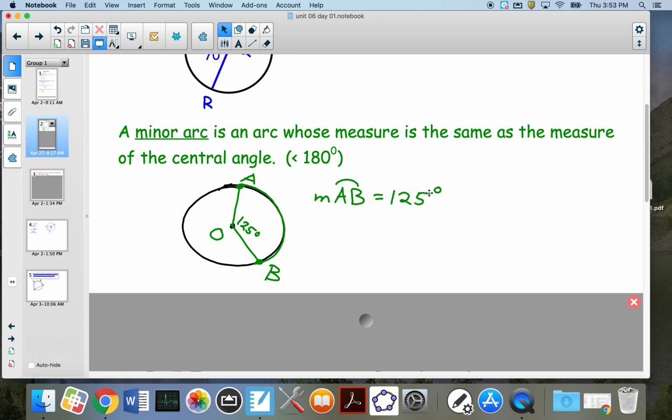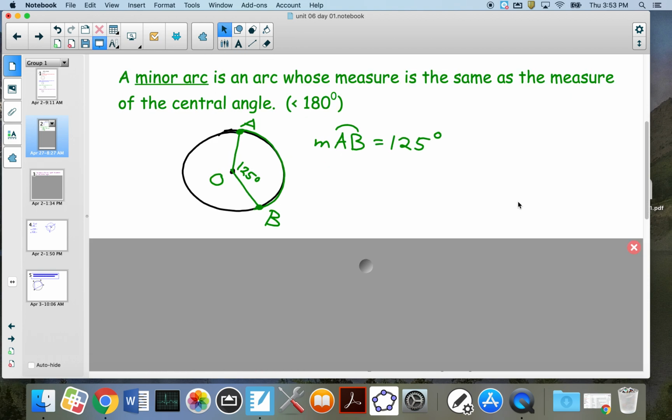So arcs have a degree measurement. Later on in this unit, we'll talk about the actual length of an arc. Think of that as a piece of string going from A around to B, and if we took that string and straightened it out, how long would it be? But for now, when we talk about the measure of an arc, we're referring to the measure of the central angle whose endpoints go to the ends of the arc.